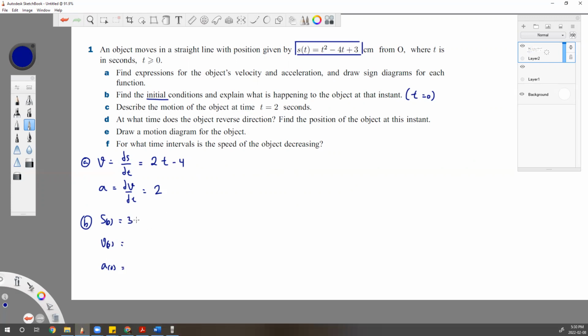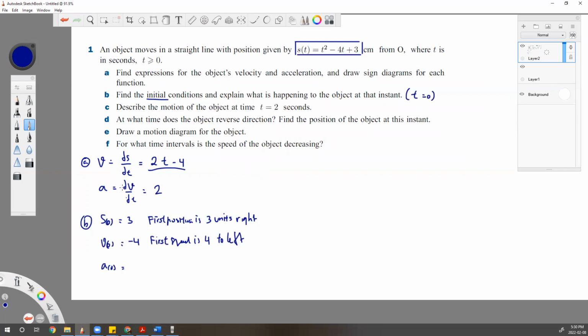Interpret: it's at the first position, 3 units to the right of 0. v0: 2 times 0 minus 4, so the first speed is 4 units over second to the left. Left, why? Because it's negative.